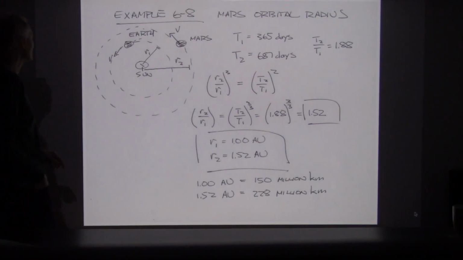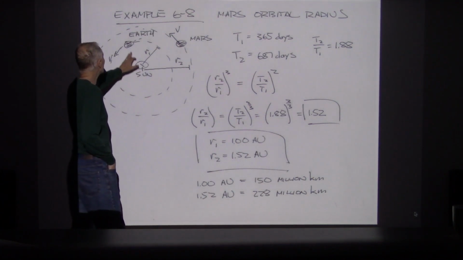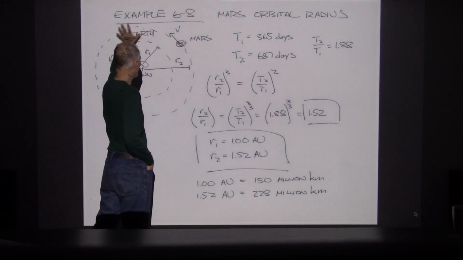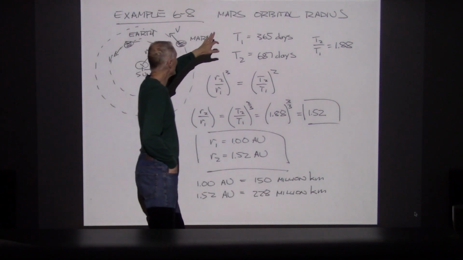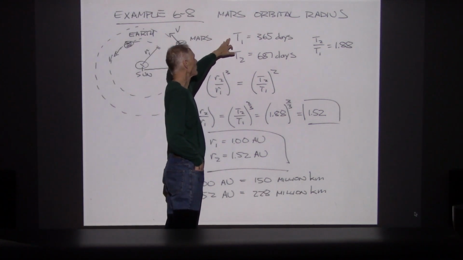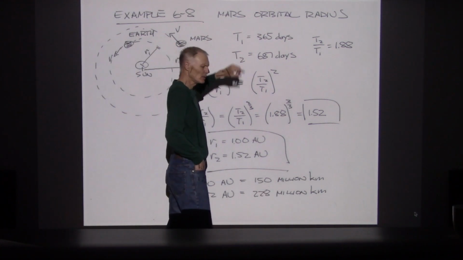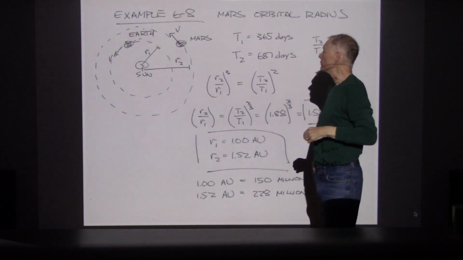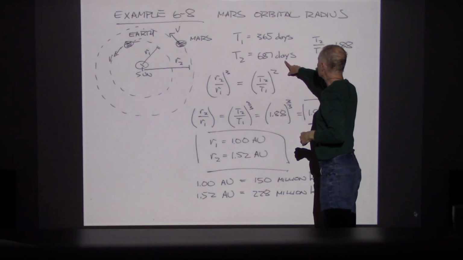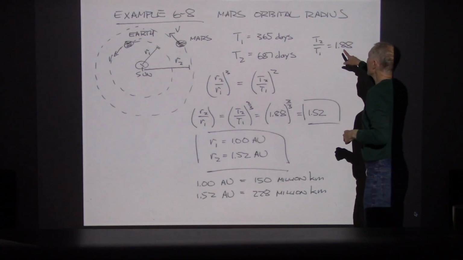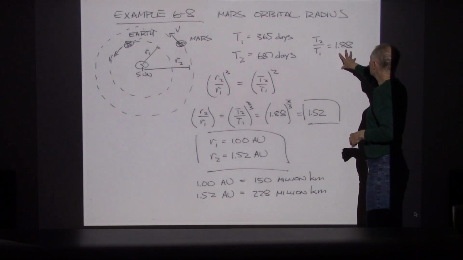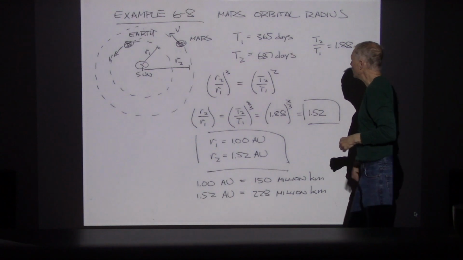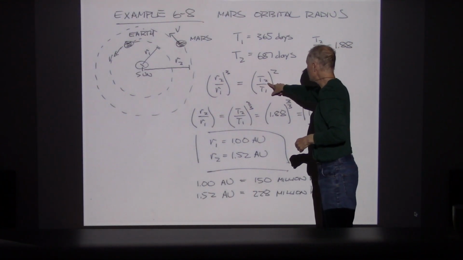And here we are. So here's the sun, here's Earth orbiting, here's Mars orbiting, and what we're saying is that the period of Earth, we'll call that 365 days, it's actually 365.25 days. Mars is 687 days. The ratio of the periods here is 1.88, and so we can put that into here.